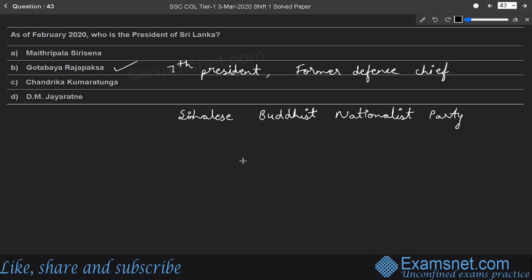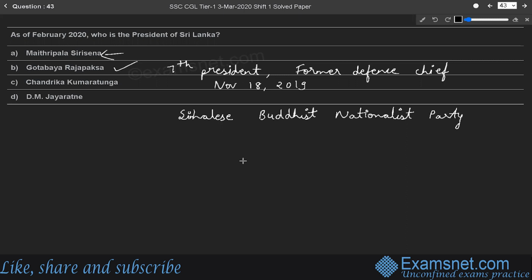As a president, he succeeded Maithripala Sirisena, which is one of the given options here. He assumed office on November 18th, in the year 2019.